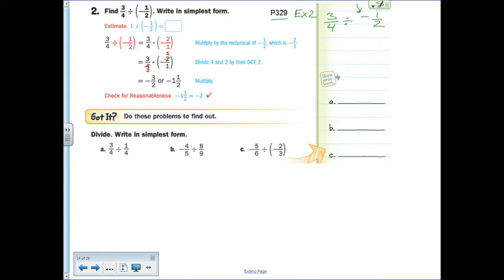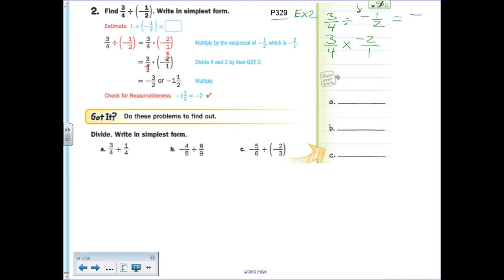So on this problem, we will end up with a negative answer. So you might want to take note of that right at the beginning. We don't have to change anything to improper fractions here because we just have regular fractions. So we will, again, keep the dividend, change division to multiplication, and flip the divisor to its reciprocal and make it negative 2 over 1.